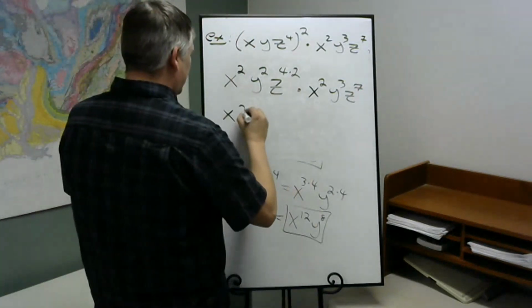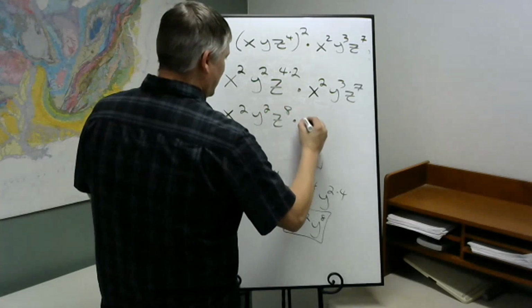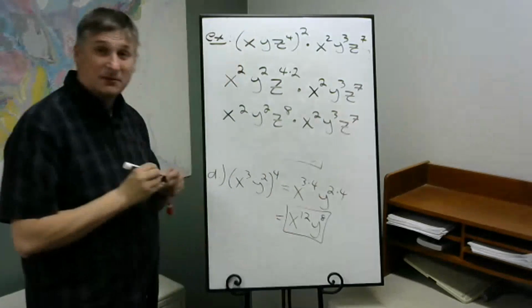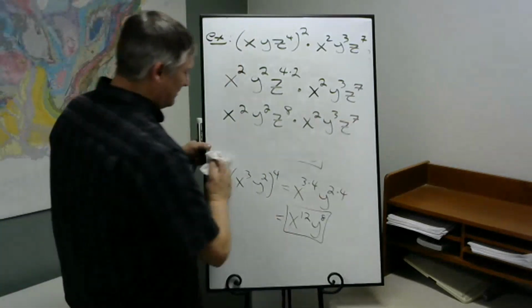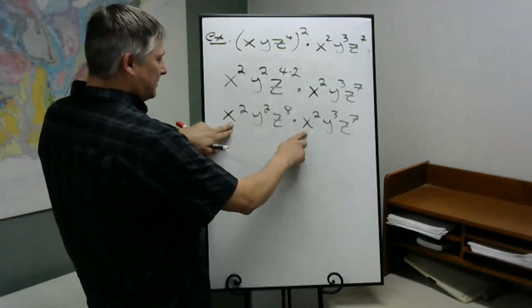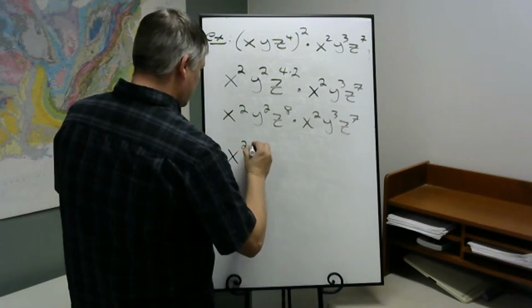There we have x squared, y squared, z to the 8th times x squared, y cubed, z to the 7th. Now, since these have the same base, I'm going to add the powers, or the exponents.